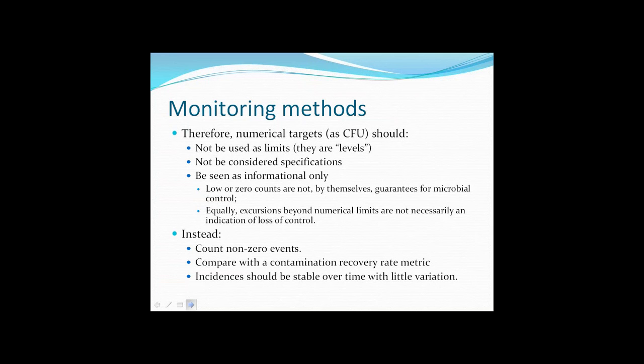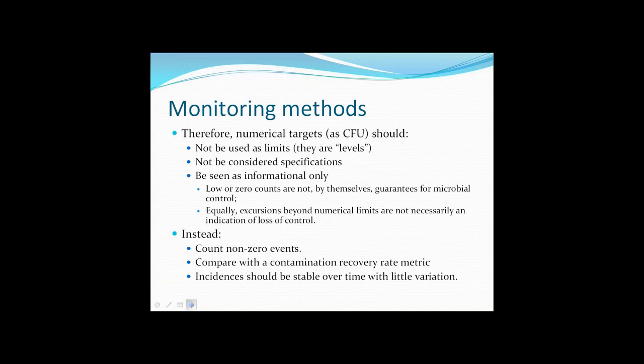So for example, treating a result of 4 colony-forming units as anything significantly different from 2 colony-forming units is not really scientifically justifiable. And this is because of some very good work, papers from people like Sutton and Akers, saying that the limit of quantitation of the number of CFU that can be accurately reported is somewhere around the level of 15.